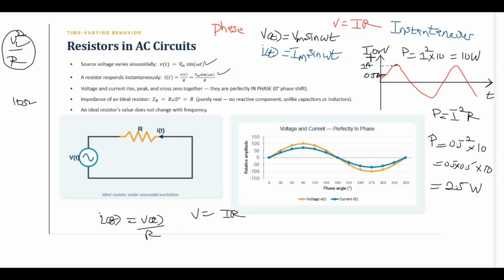And like we said, the word instantaneous is coming into play because the quantities we are dealing with are changing with time. The next instant, the value changes, until it gets to a maximum, comes back to minimum, and then like that and like that. So Ohm's law still applies, but it now applies to the instantaneous value, which is V of t equal to I of t multiplied by R. It's still Ohm's law we are dealing with here.